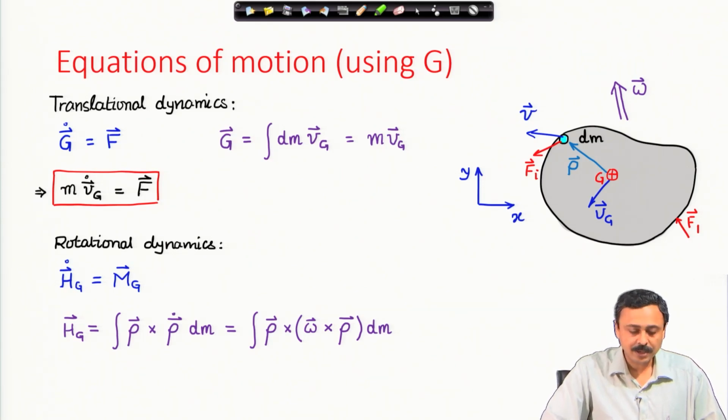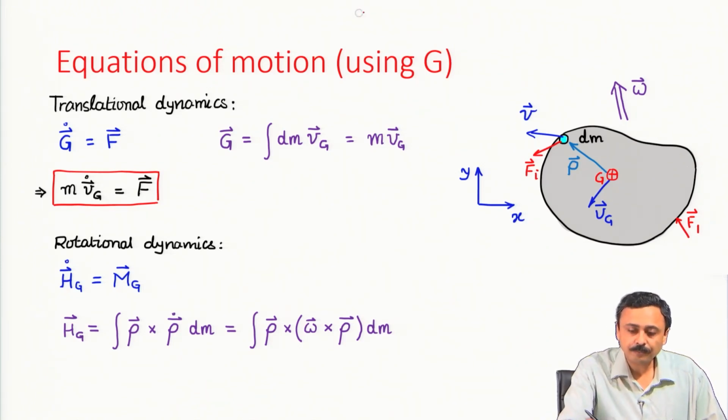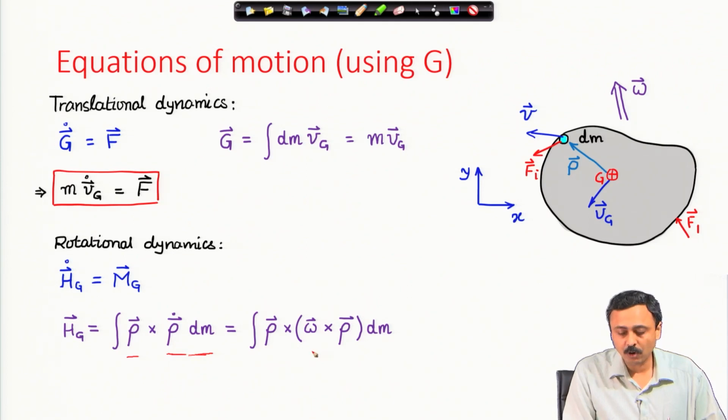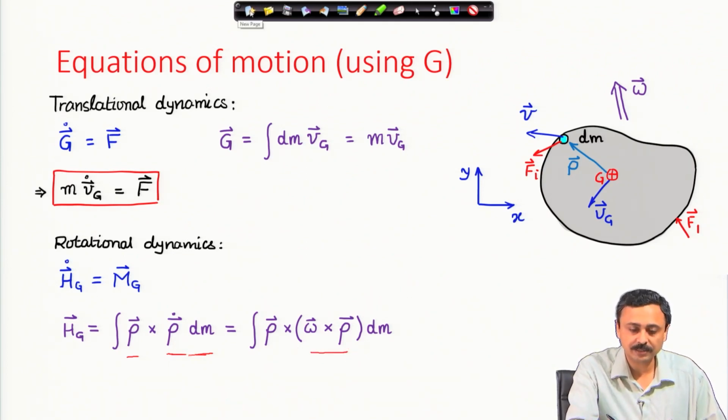It is rho cross the relative velocity of the particle with respect to the center of mass times the mass measure dm. And for rigid bodies, rho dot, the relative velocity, happens to be omega cross rho. This we have discussed many times in kinematics and kinetics.